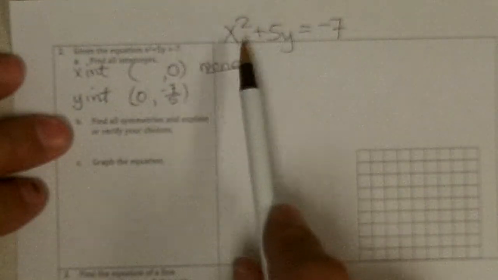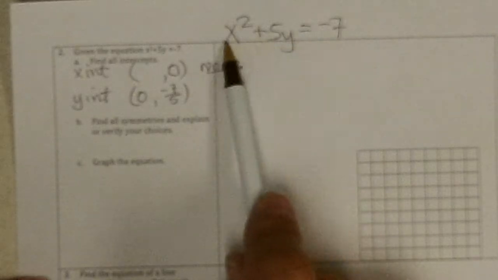Okay, so I only have one intercept, so that's not a lot to graph a function with. But I know something about the symmetries. This equation is not going to care whether x is a positive number or a negative number. For the same value, like a positive 3 and a negative 3, it'll give me the same looking equation. So if it doesn't care whether x is positive or negative, it's going to be the same looking on either side of the y-axis.